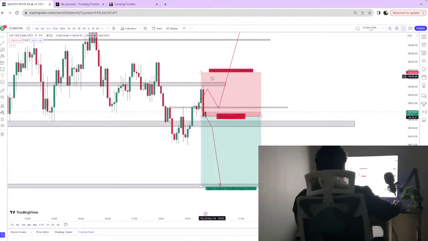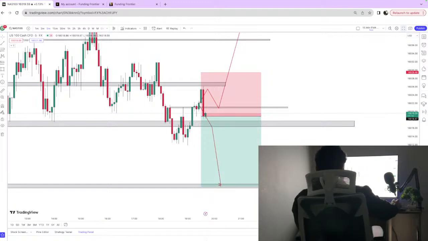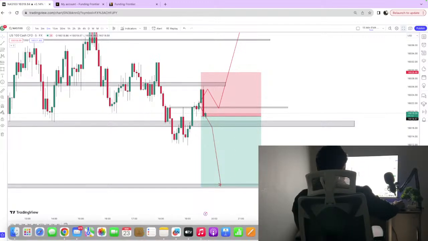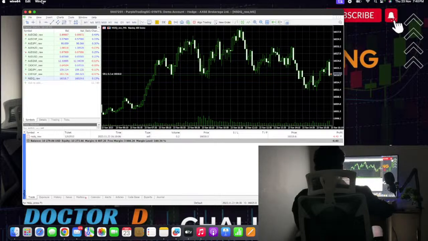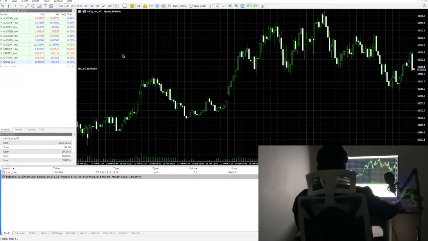It's almost a 10-point stop loss, so almost our $40 to $50 risk, right? So I'll be placing my stop loss at this point, 16027.